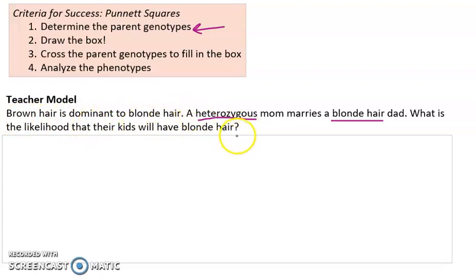They don't give us any ideas as to what the actual alleles are, so I'm just going to pick a random letter to represent. I'm going to say that B is going to be our allele letter, B or little b. So if we know that brown hair is dominant, my capital B is going to represent my brown hair.